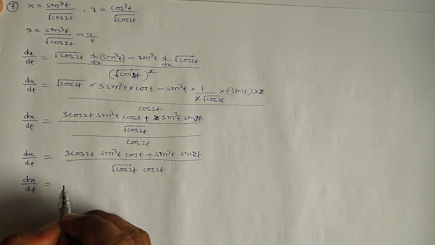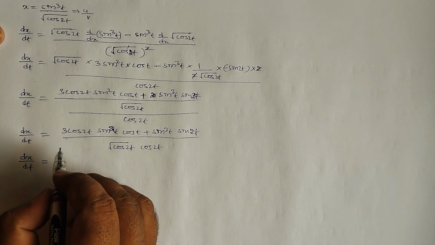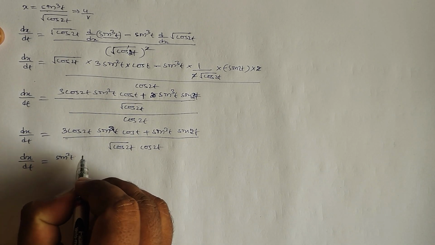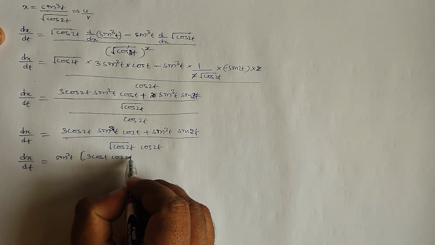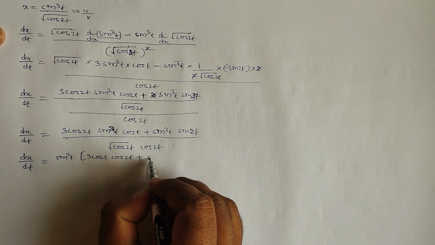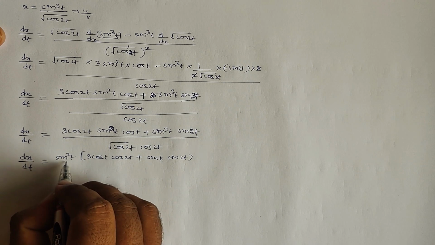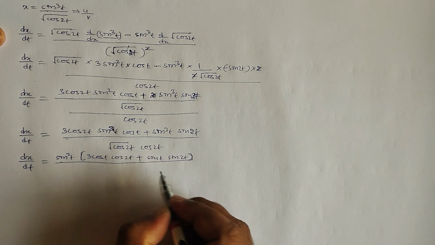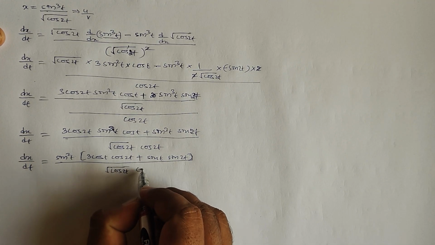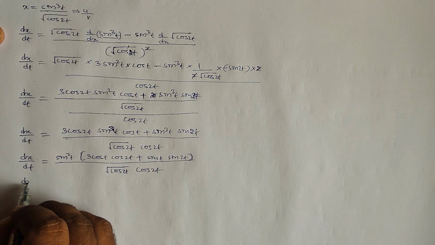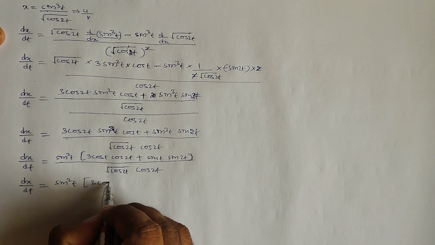So dx by dt equals, take sin square t as the common factor, remaining 3 cos t into cos 2t, plus sin square t outside, that becomes sin t into sin 2t, divided by root cos 2t into cos 2t. So dx by dt equals sin square t, next 3 cos t.